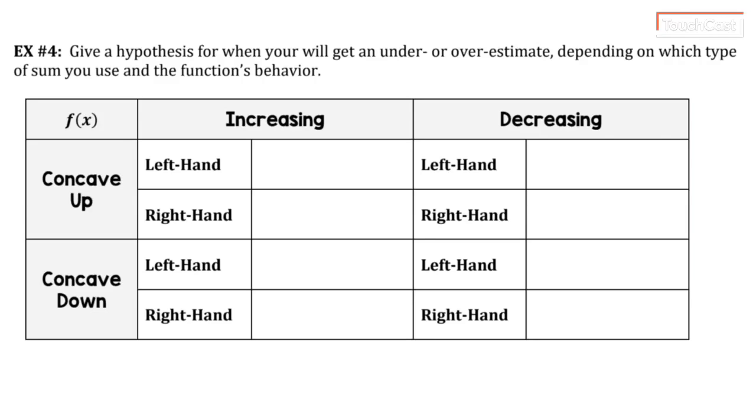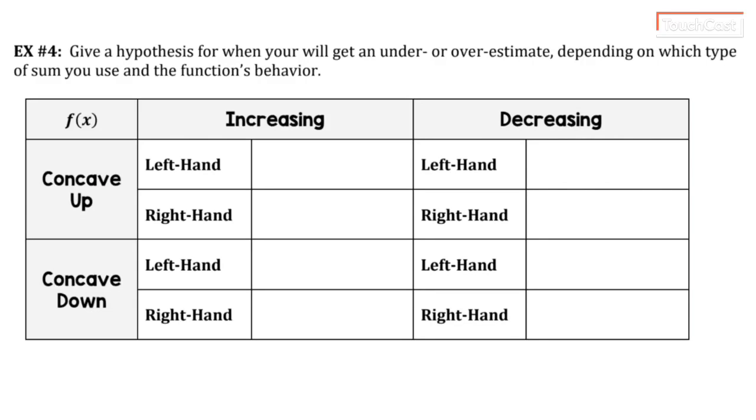So what we're going to do is try to come up with a hypothesis here in example 4 for when you will get an underestimation or an overestimation depending on the type of sum we use. So we've got a table here. If f of x is increasing and we've got a function that's concave up, I'm just going to give you this information.